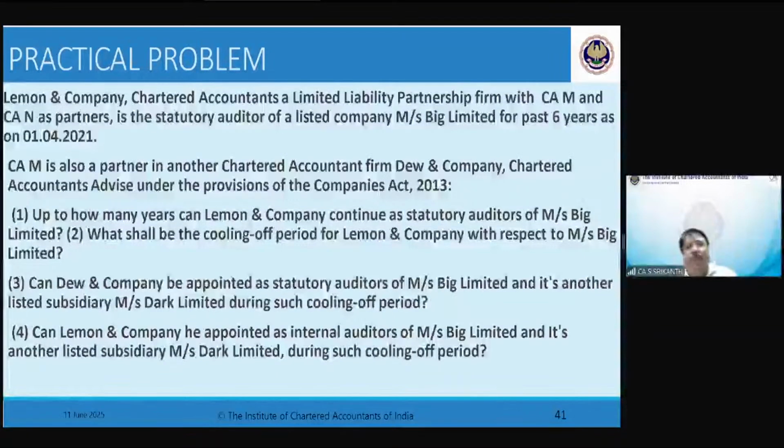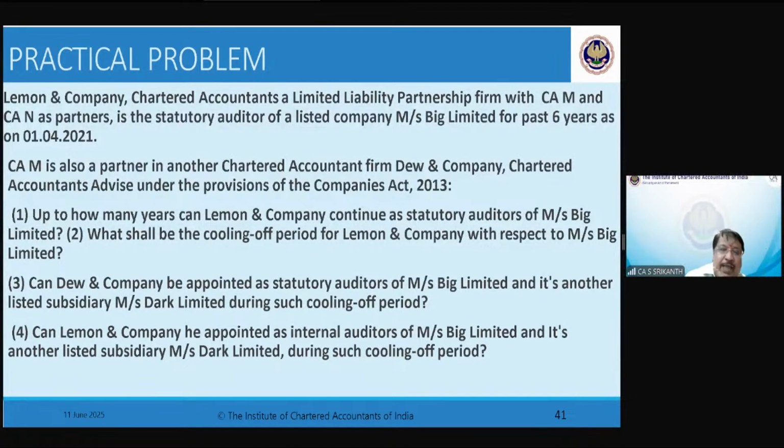Lemon and Company cannot be reappointed for 5 years. Cooling period is 5 years. During that period, Dew and Company cannot be appointed in Big Limited, only Big Limited. Why? Because M is a common partner.